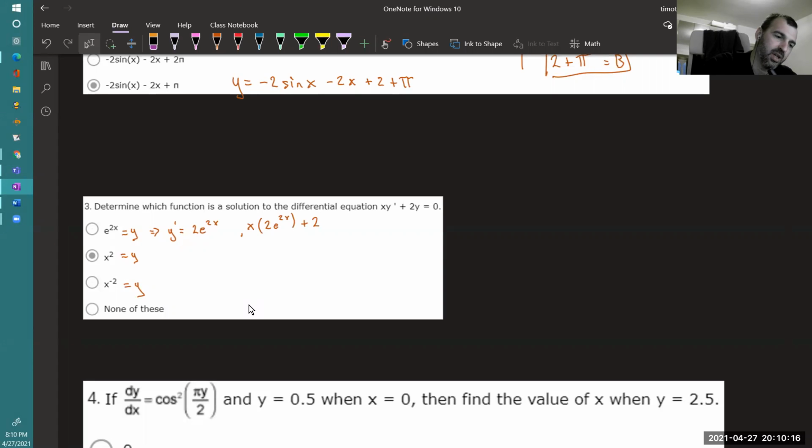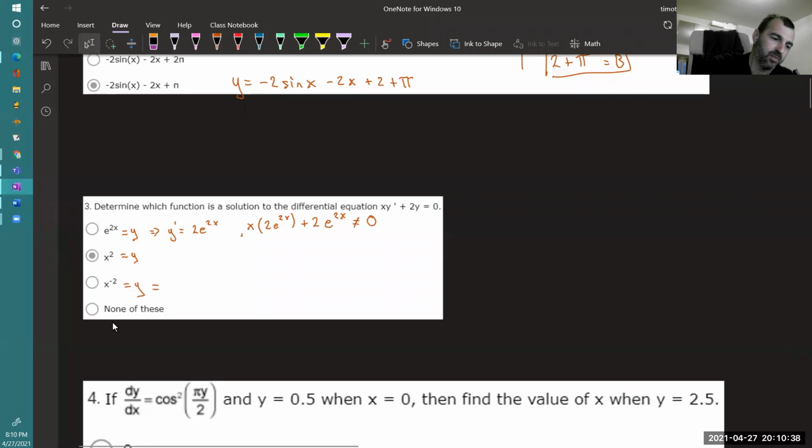Well, y is e to the 2x. And if all of this stuff is equal to 0, then this is the correct answer. Now you can kind of see that this is obviously not going to be equal to 0. So this does not equal 0, so that's not the correct answer. This one isn't going to work either.